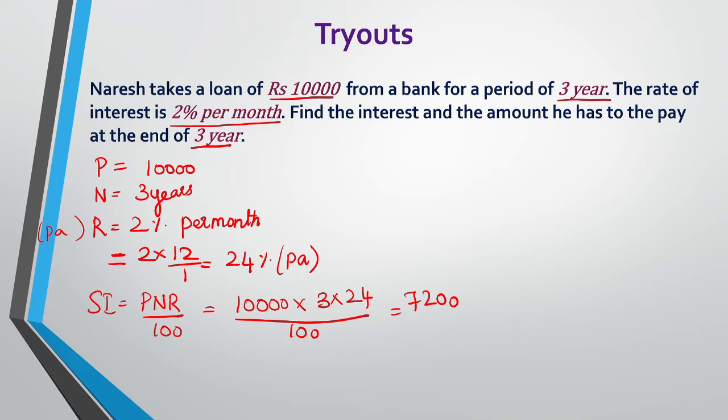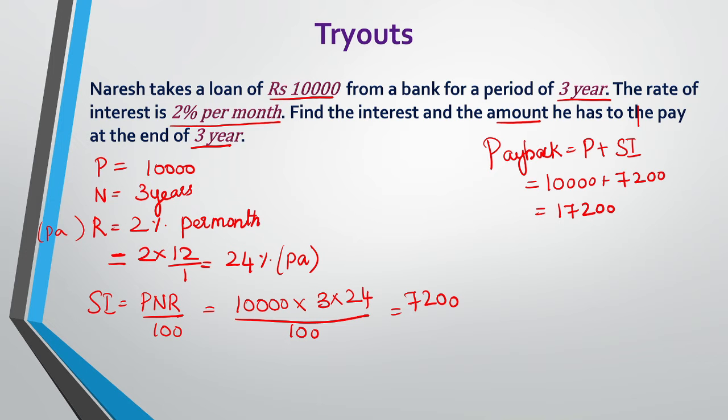And when we go back to our question, they also asked us to find the amount he has to pay at the end of 3 years. So payback is equal to the principal plus the simple interest. So we know that the principal is rupees 10,000 plus 7,200, which is the simple interest. When we add these two terms, we get 17,200.